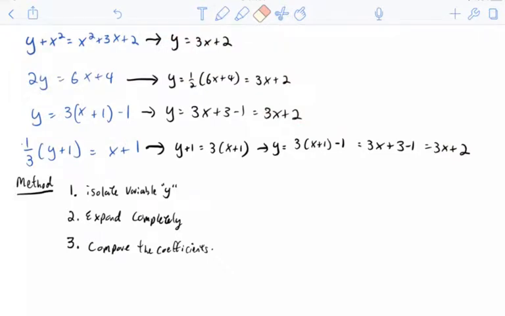This particular form of a linear function, where y is all alone on the left-hand side and all the things with x are on the right-hand side, has a name.